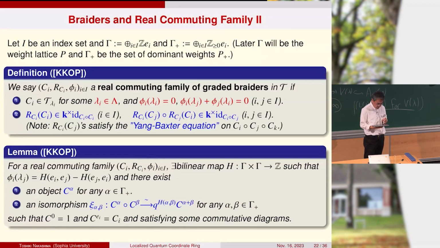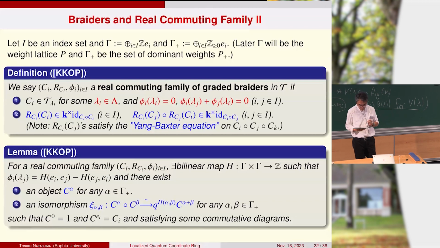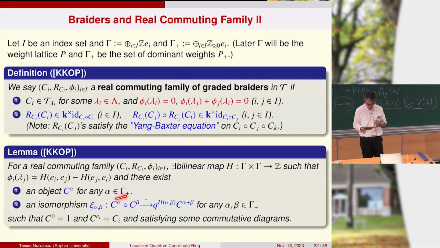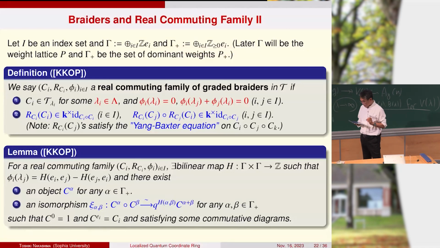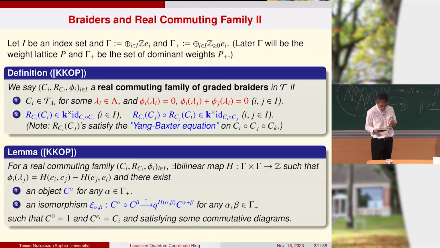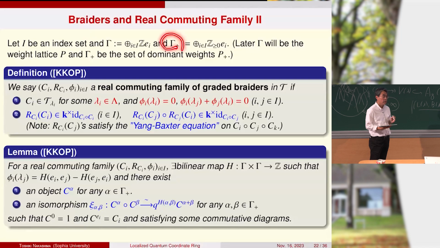And also, if we have a real commuting family of graded braiders, we have an object C_alpha. Alpha is coming from here, Gamma plus. Sorry, I haven't said anything on Gamma. Gamma is such a lattice, and Gamma plus is the positive part. Later this goes to the weight lattice, and this goes to the dominant weights.